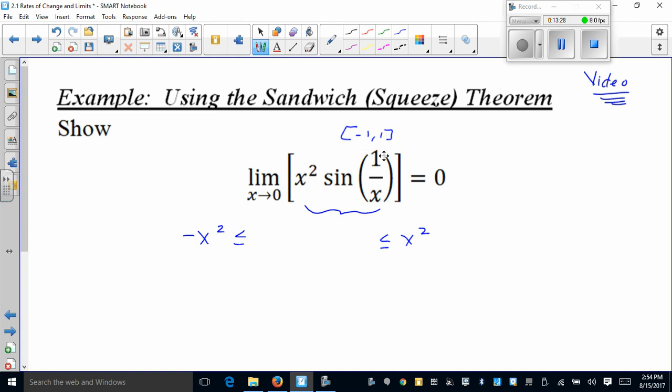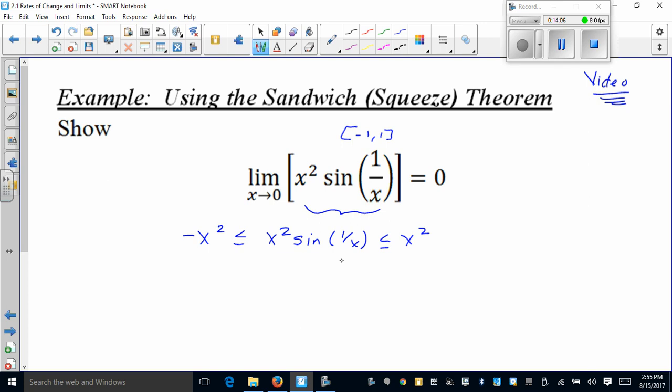So if I throw a negative in there, there it is, -1 to 1, and it's very, very close to the x-axis. So I can claim here that negative x squared is less than x squared sine of 1 over x, which at the same time will be less than x squared. You do have to prove that this guy here will always be between these 2 at all times.